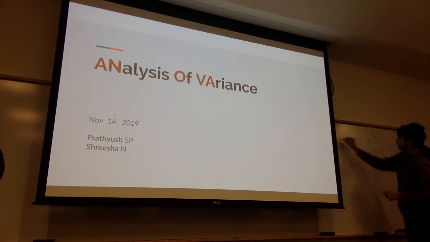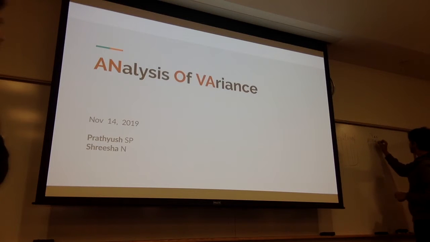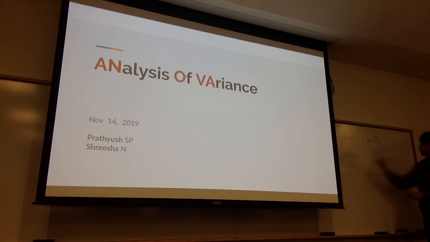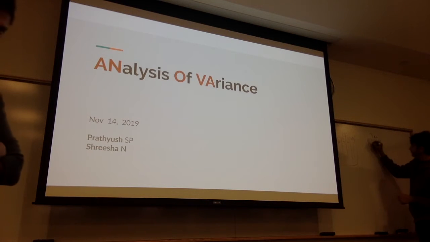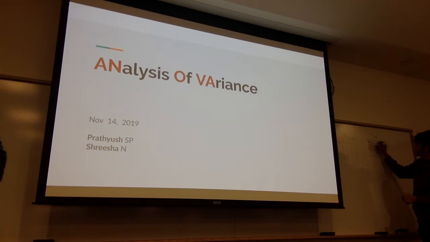So this is column 1, 2, 3, 4 and target, and the same for the test data. Let's say this is the number of bedrooms, this is square feet, and this is location.